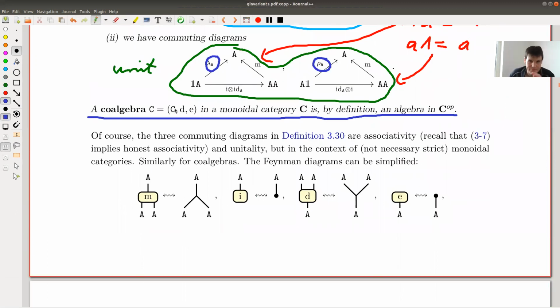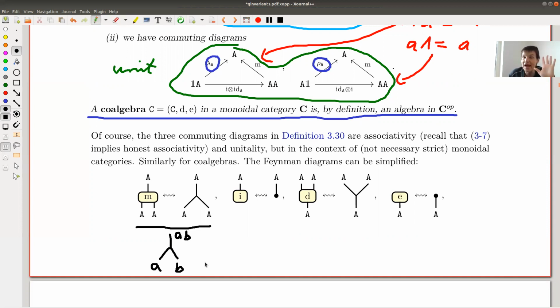And I will do the following. I will write down pictures for all things. So I will encode my multiplication in this merge picture. I think of it as, just by analogy, I have an element in A, I don't have any elements, but I have an element in B, and this merging spits out the element AB.